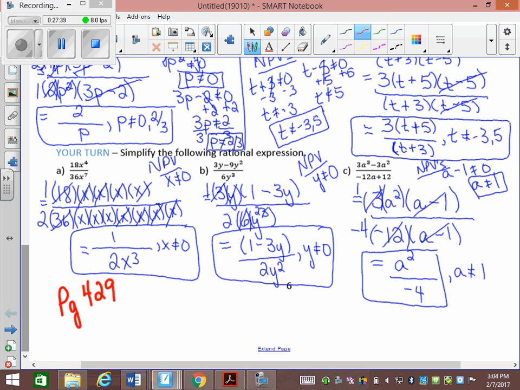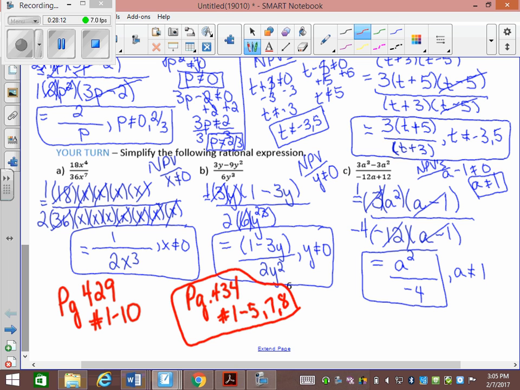It's on there. So page 429 was numbers 1 to 10. That was yesterday. And today is page 434, numbers 1 to 5, 7 and 8. So both of these are being checked tomorrow.